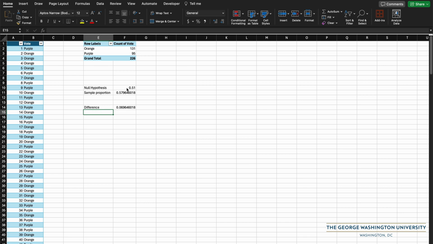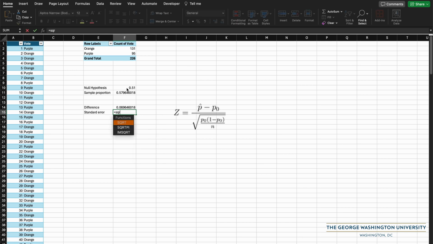Now we also need a standard error. And I'll put the equation on the screen as you can see here. What we want is the square root. So I'm going to type in equals SQRT. There's square root, I'll click on that. I'm going to put two parentheses because what I want is this hypothesized value 0.51 multiplied by the failure proportion.